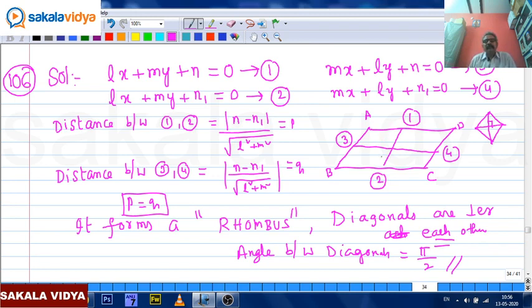Find the perpendicular distance between these two, they are equal. So, that means if the distance between this one and this one are equal, then it forms a rhombus. In a rhombus, the diagonals are perpendicular. So, that I have written actually 90 degrees.